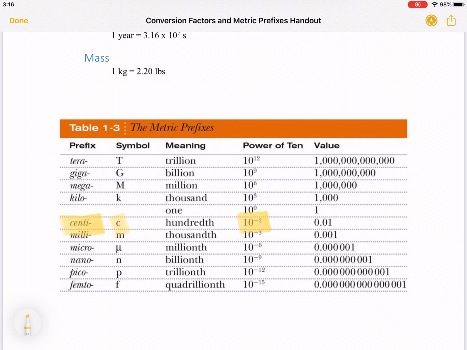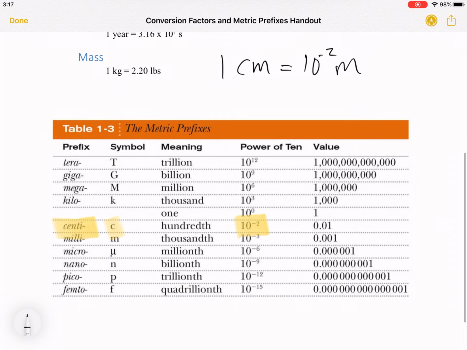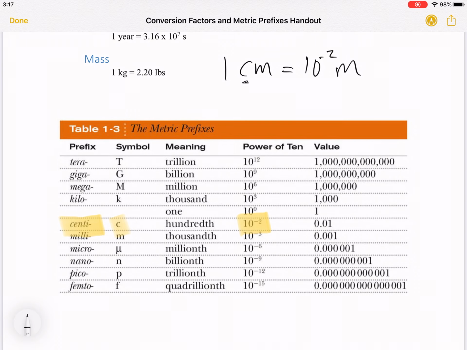I also like to build unit conversion or conversion factors out of these, right? So what do we have? Centimeters, and I'd like to relate that to meters. Well, what do I know about centimeters? Well, I could do this. I could say, well, 1 centimeter must be 10 to the minus 2 meters, right? Because centi here can be replaced with 10 to the minus 2.